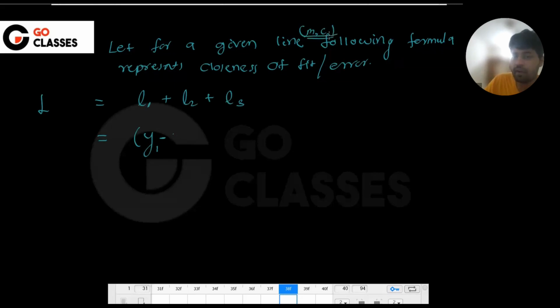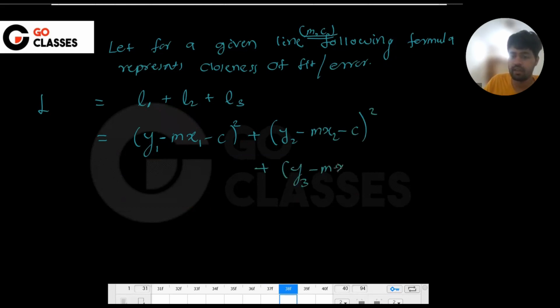These are the parameters, right? We saw it for m0 c0, but it can be any m comma c. Plus y2 minus mx2 minus c whole square plus y3 minus mx3 minus c whole square, again I am using the third one. We'll see why.